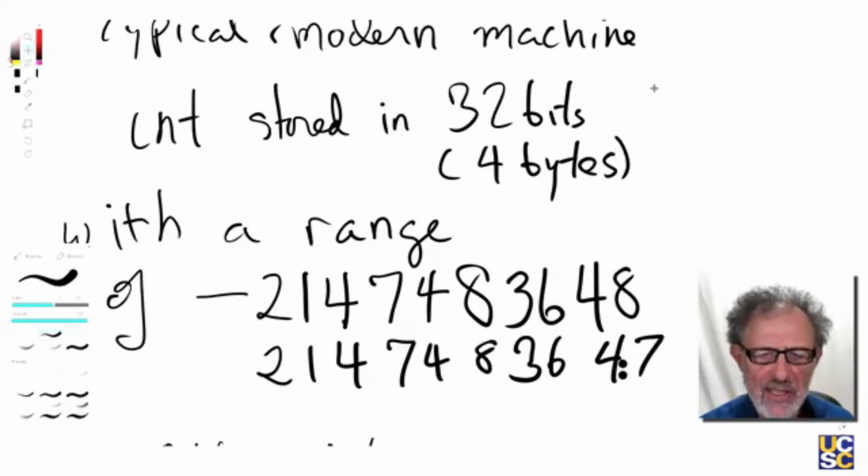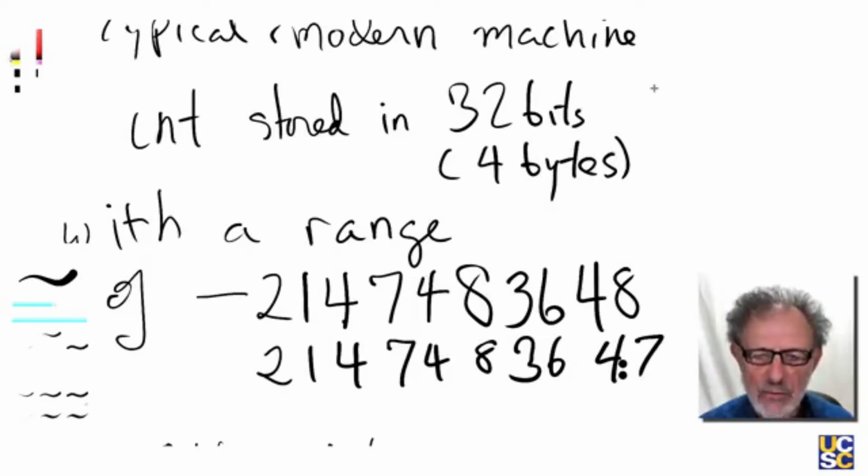Now, when you're working with an int stored in 32 bits, then what you can represent is limited, and it's limited to plus or minus 2 billion, and I've written it out here explicitly. You can go positively up to 2,147,483,647, and your smallest number, your largest negative number, another way to put it, is minus 2,147,483,648.